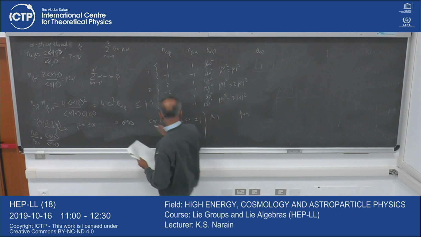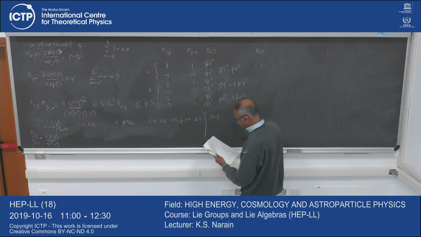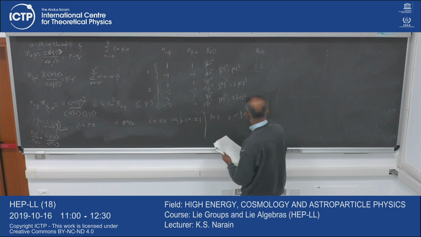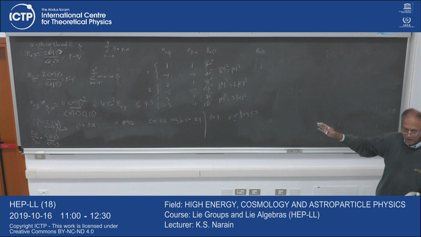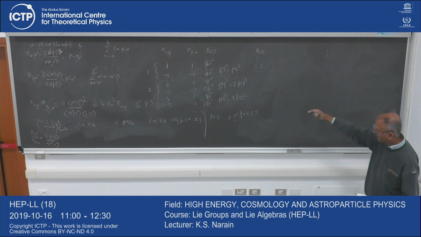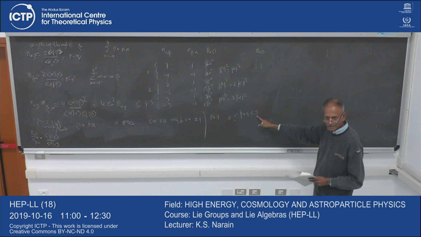Here, the P plus Q was between 0 and 3. That was a strong bound here. So any chain cannot be more than of this length. No? P plus Q is there.